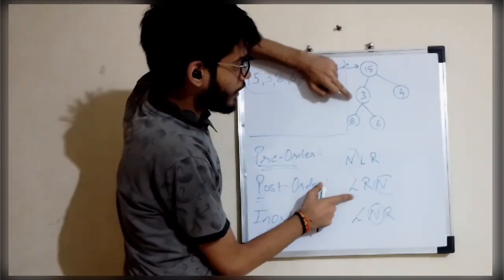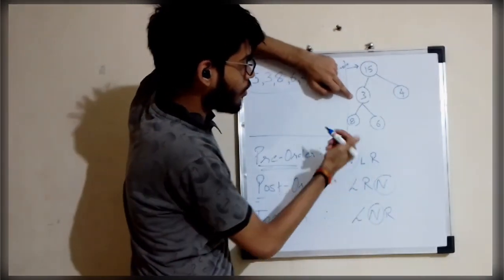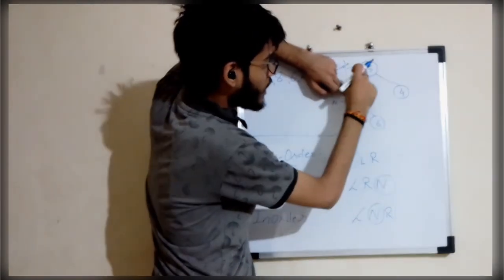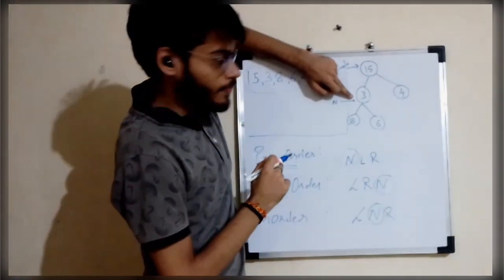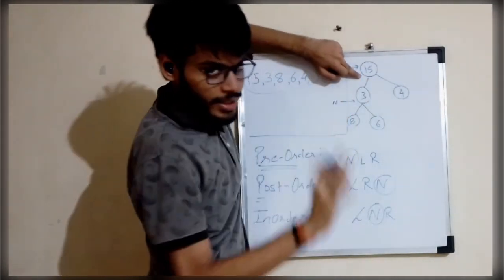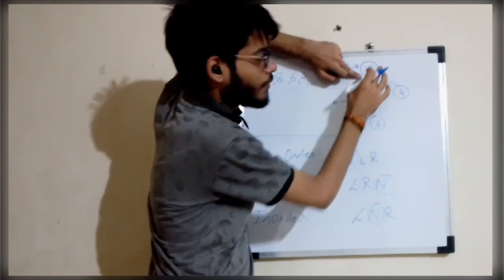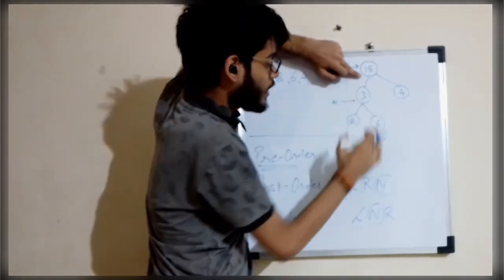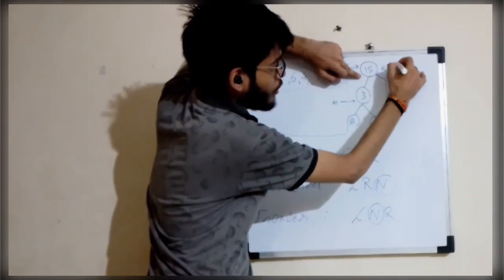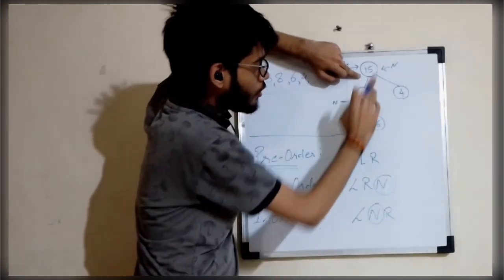Coming to the left of this 15 is 3. Now this becomes our node. At the starting, the root was our node. I am repeating: we start from the root, and for the starting this is our node.